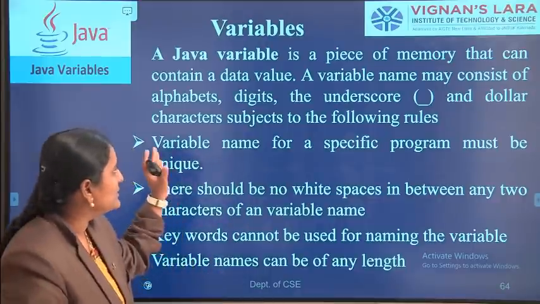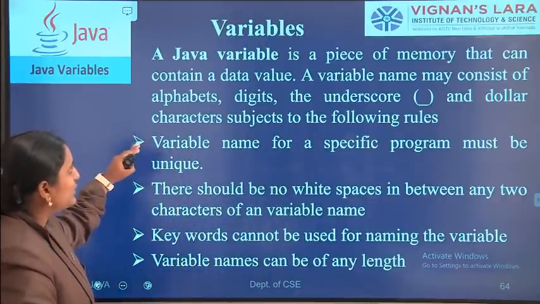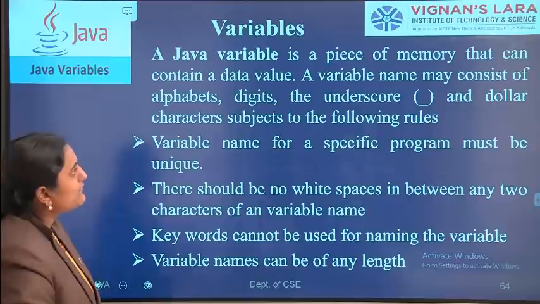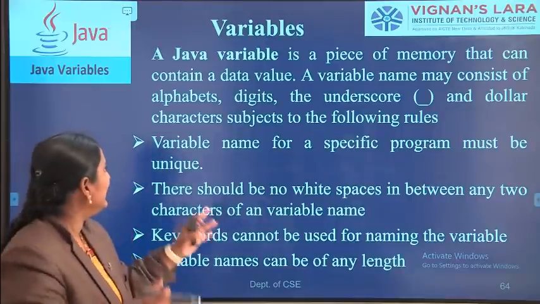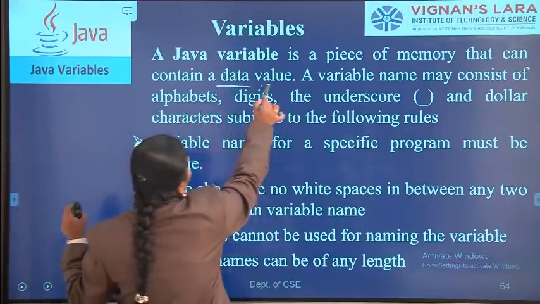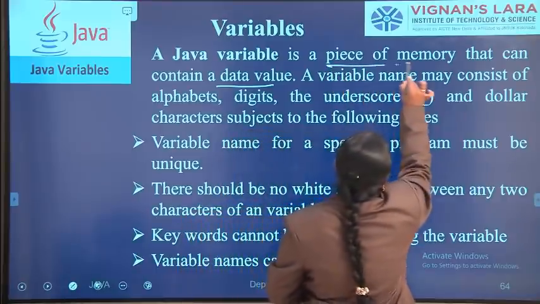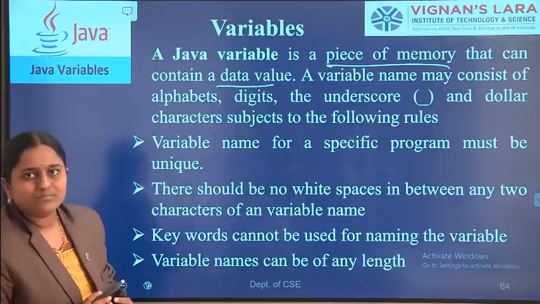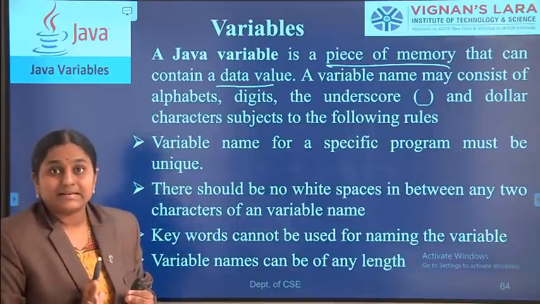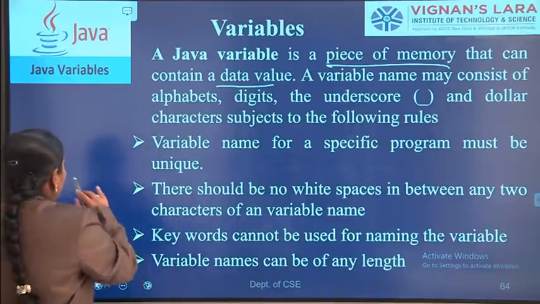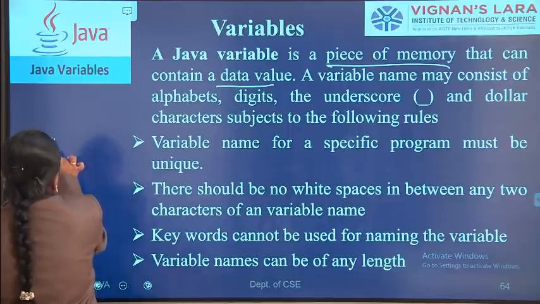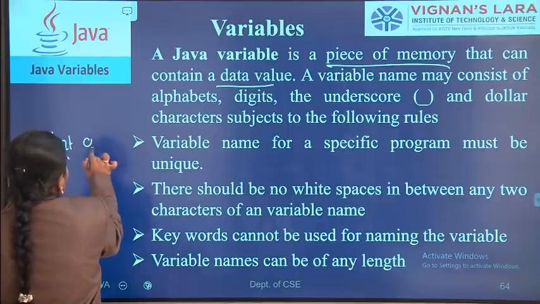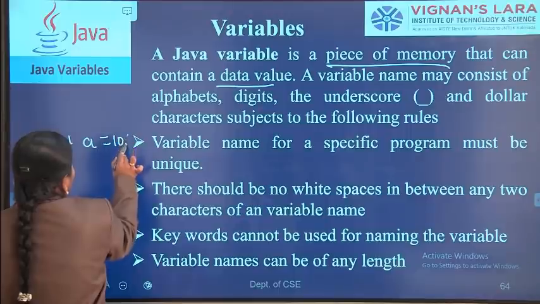So variables. Let us see what a variable is. A variable is a piece of memory that can contain a data value. For example, I am defining a variable int a equal to 10.